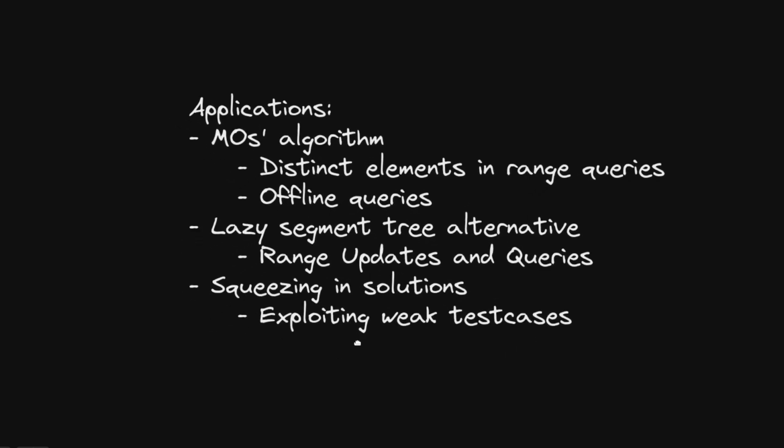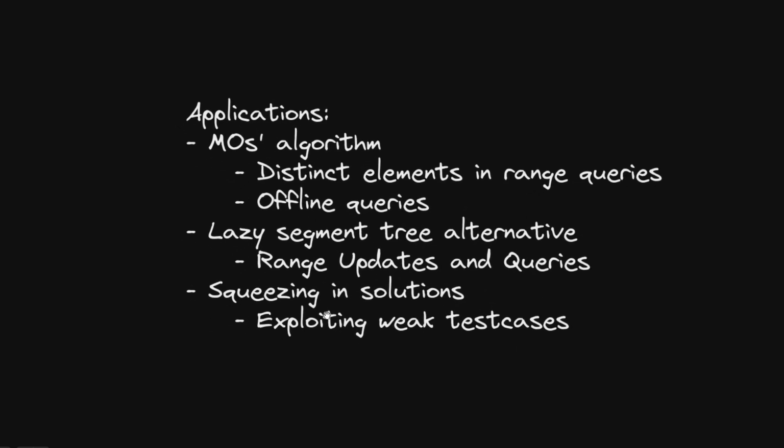Let's go over some of the applications. Mo's algorithm uses this technique to find out answers to some offline queries. Some of the applications include finding distinct elements in a range. So you are given static queries, there are no updates, but you need to find the number of distinct elements in each of the ranges.